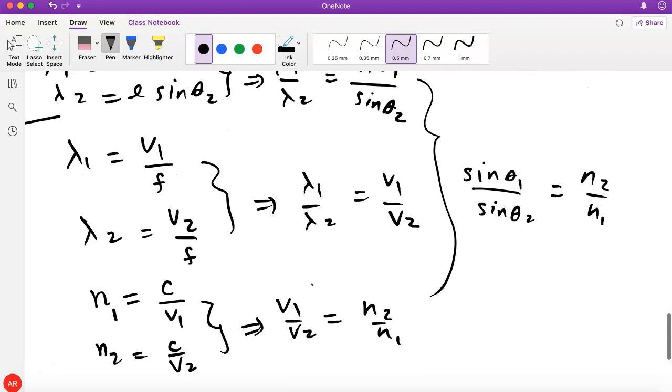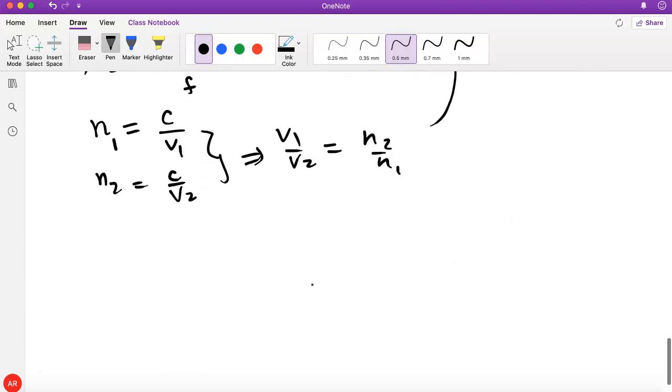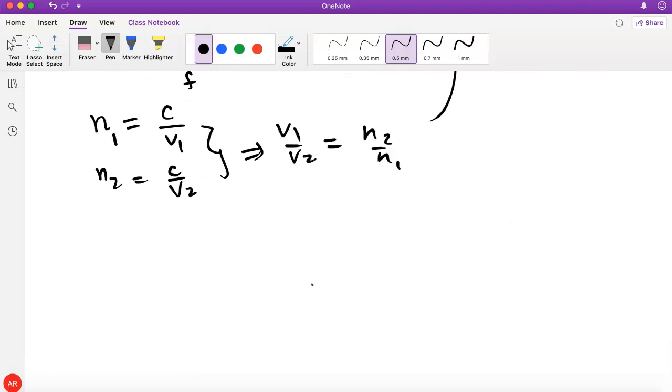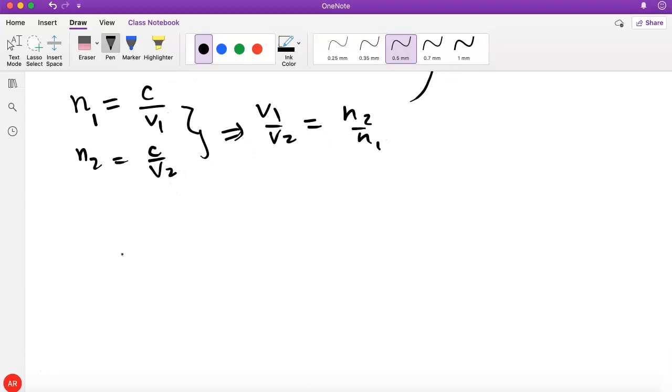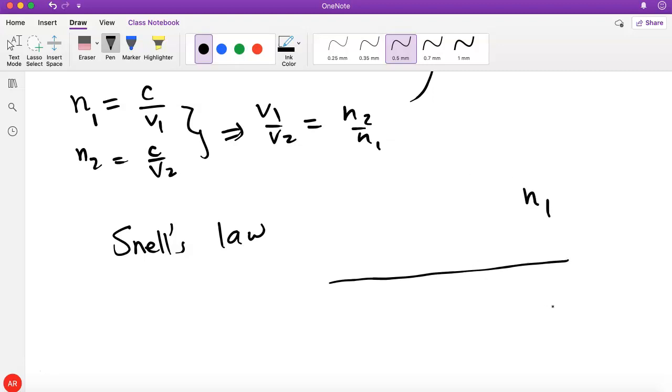Now we can forget about the wavefronts and the wavelength, and go back to this geometric approach to the rays, and we arrived at the so-called Snell's law, which tells us how a ray bends as it propagates from one medium to another. Let's say the index of refraction here is n1, here it's n2. This is the normal.